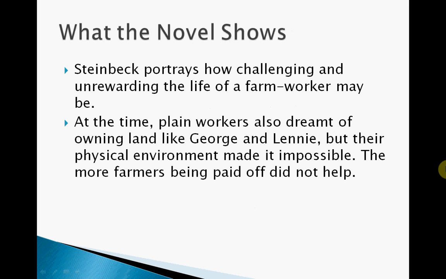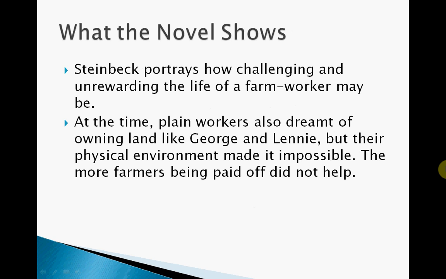What the novel shows. Steinbeck portrays how challenging and unrewarding the life of a farm worker may be. At the time, plain workers also dreamt of owning land just like George and Lenny, and finding it in the promised land of California. The mild climate promised a longer growing season with soil, which made it easier to grow crops to harvest.